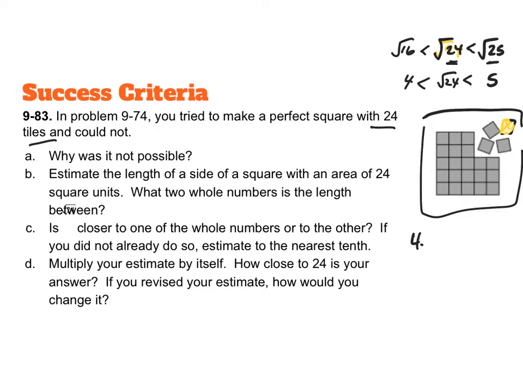I checked 4.8 squared, and that gave me 23.04. 4.9 squared gave me 24.01. If I wanted to try 4.85, that gave me approximately 23.53.